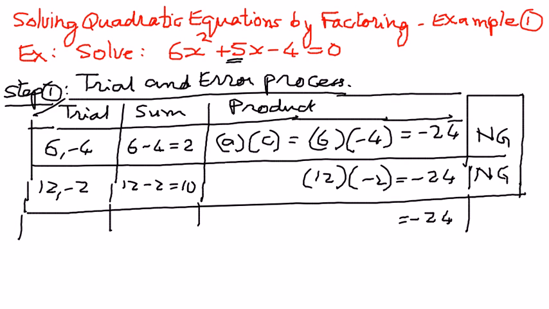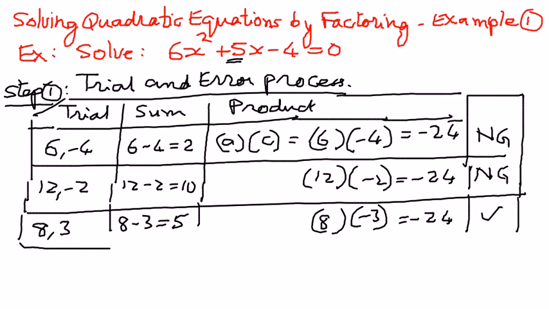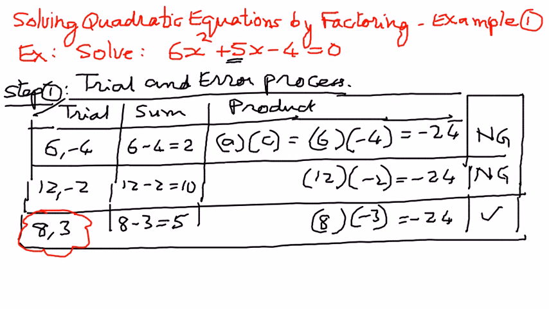So what if we take 8 and negative 3? 8 times negative 3 is negative 24, and 8 minus 3 is equal to 5. So therefore 8 and negative 3 are a good choice. That's the way we want to use this trial and error procedure to select the two numbers. The two numbers we selected are 8 and negative 3.